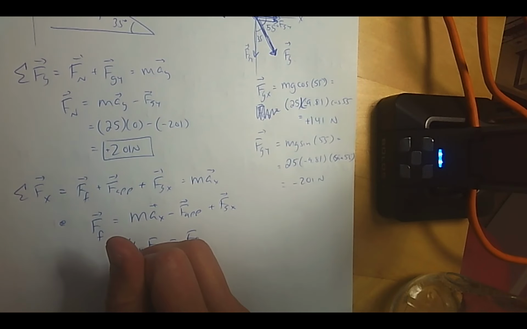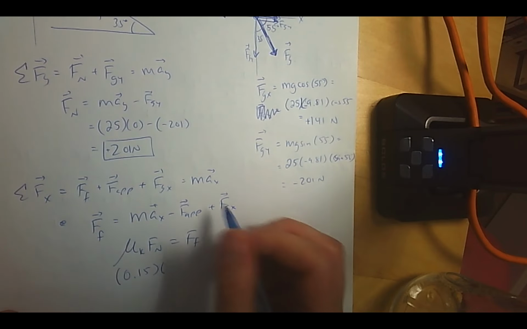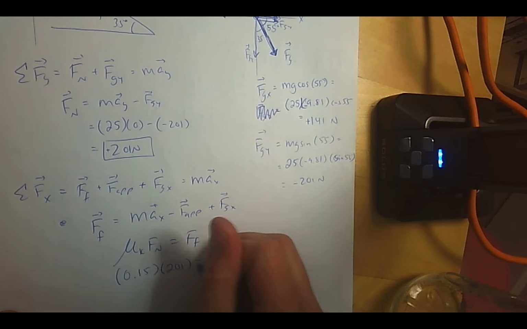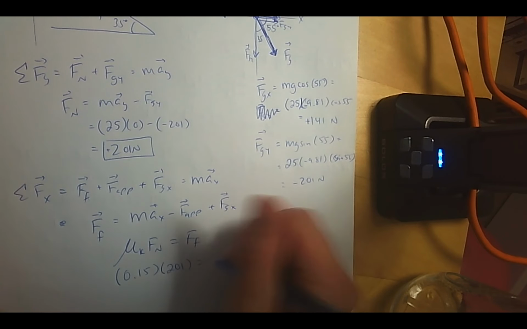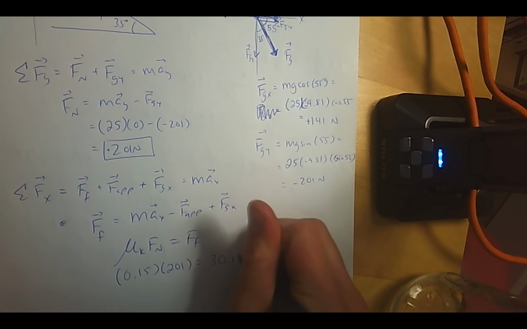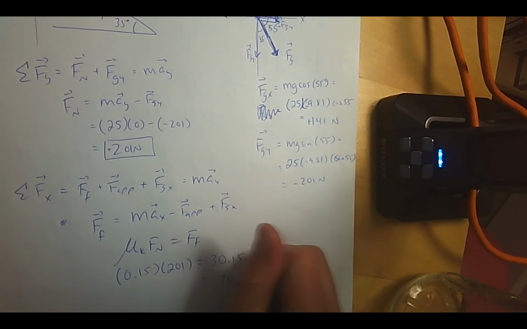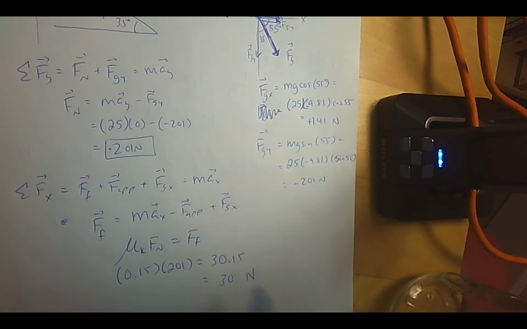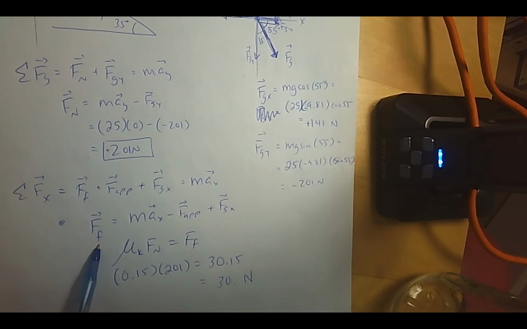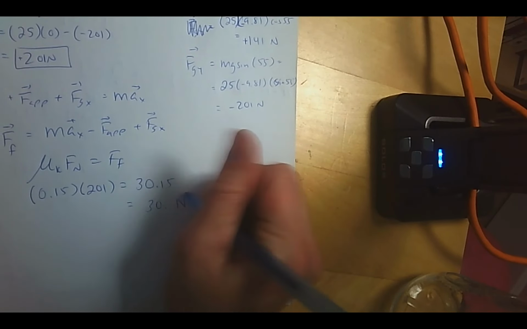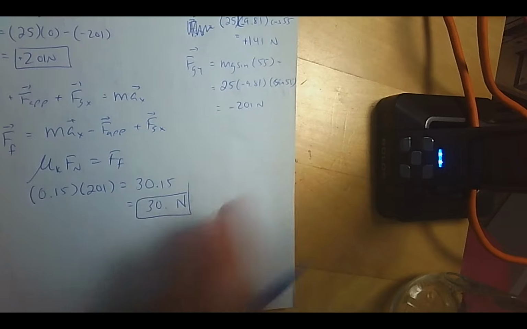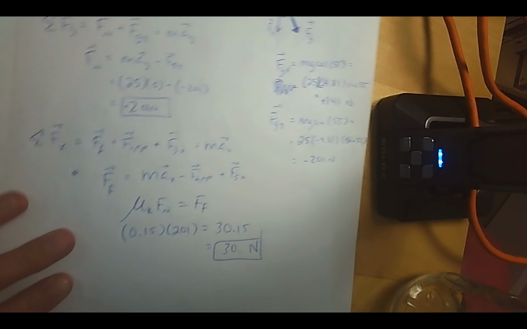So I have 0.15 times my normal force, which was 201. And that gives me 30.15, or 30 newtons. And on my diagram, I have friction pointed right, so that 30 newtons positive is fine. If yours is pointed the other way and you got negative, that's okay too.